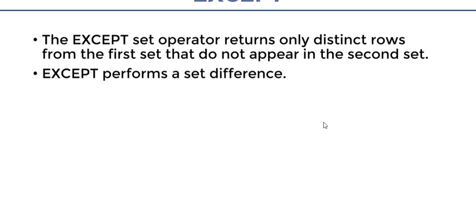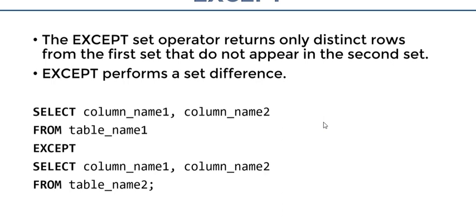Except performs a set difference. The syntax is select, except or minus, select: columns from the first table, then the second table, with except in between. Just like all the other set operators, each select statement must return the same number of columns, and corresponding columns in each select must have compatible data types.